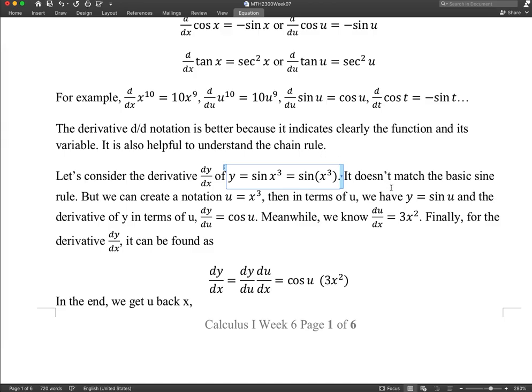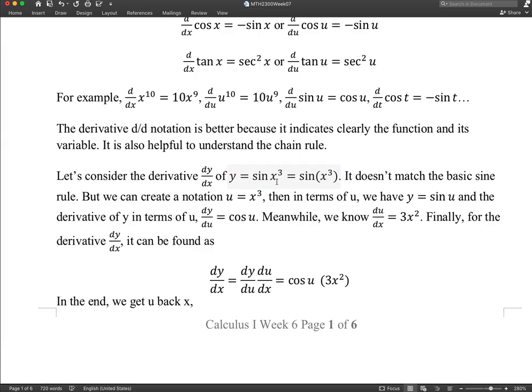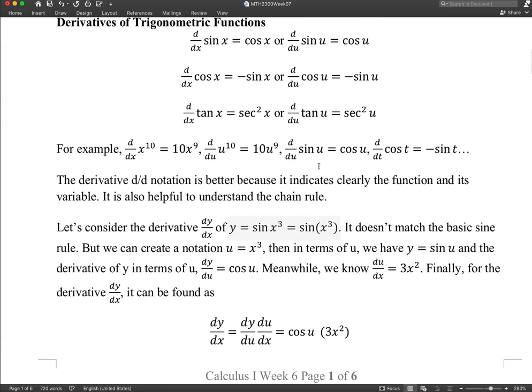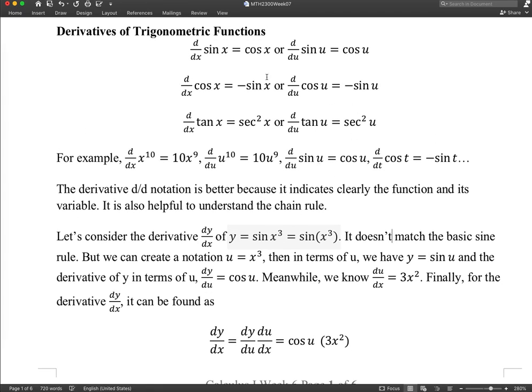And we do understand the derivative of sine x is cosine x, right? I don't want to say the derivative of sine x cubed is cosine x cubed. Even though it might be a reasonable thing to expect according to the rules we have learned so far, it is not true.